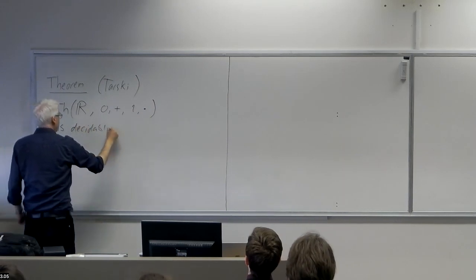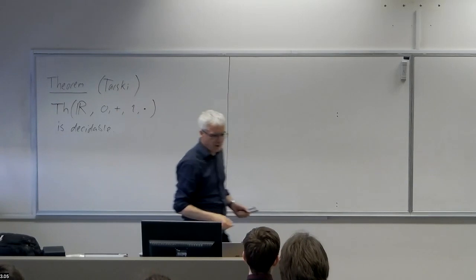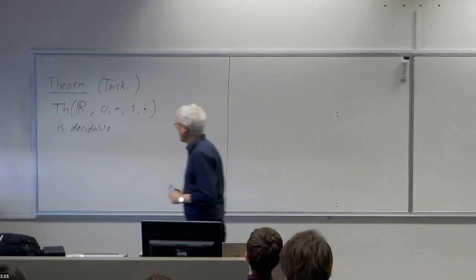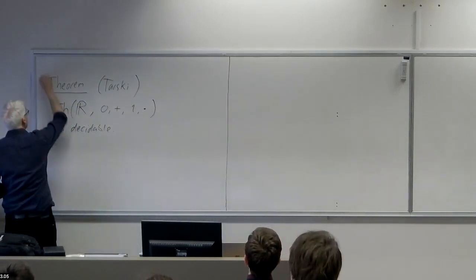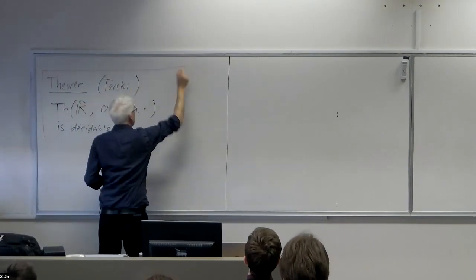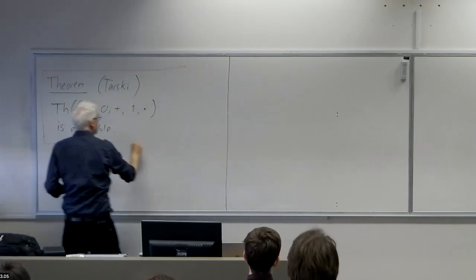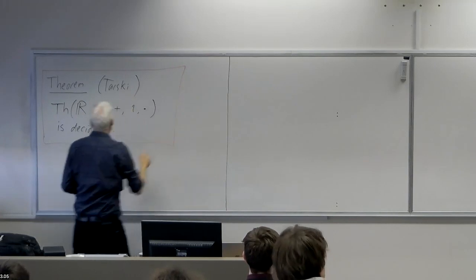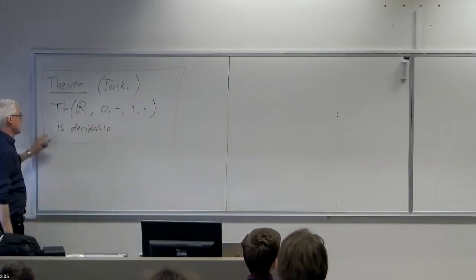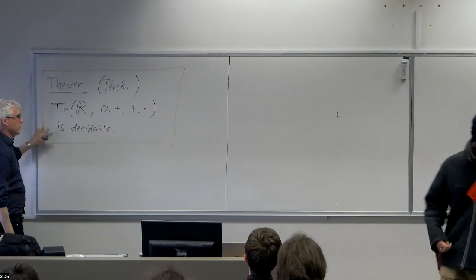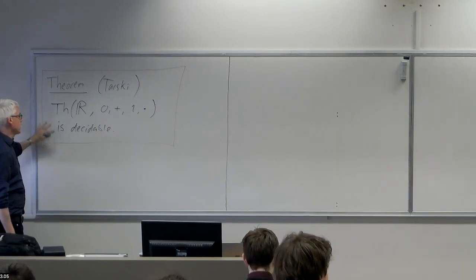I wrote down the definition last week of a decidable theory: there is an algorithm that, given an input sentence, will say yes if the sentence belongs to the theory, and no if the sentence does not belong to the theory. So this is a major result.